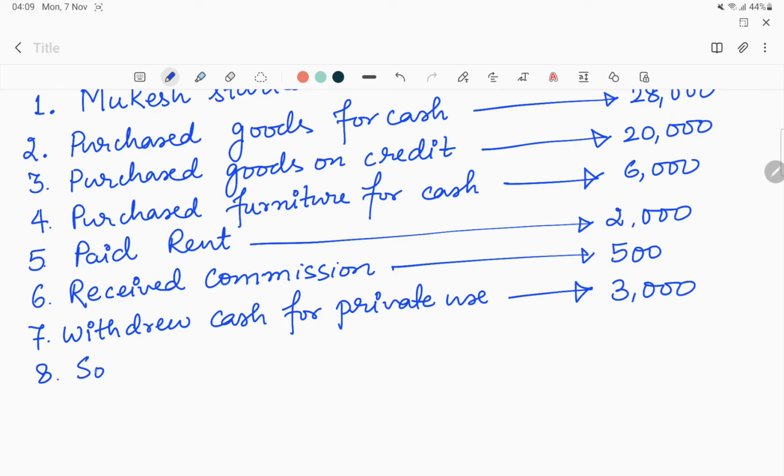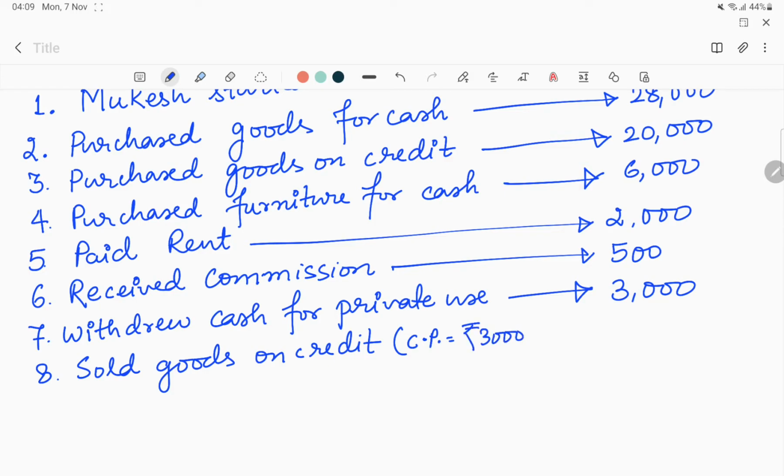In the eighth transaction, he sold goods on credit. The cost price of the goods is given as rupees 30,000.